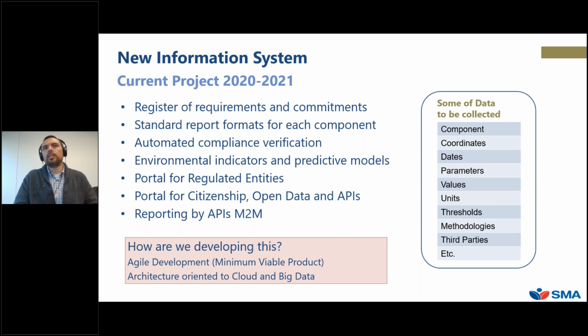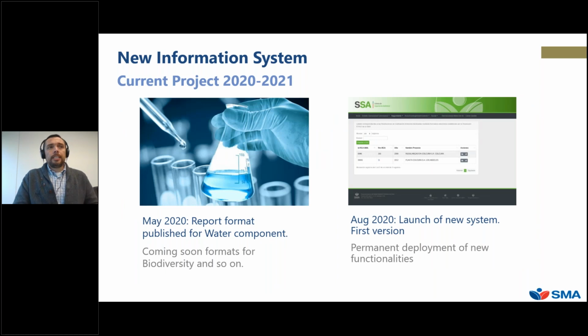You can see as well some of the data to be collected: component, coordinates, dates, parameters, values, units, and so on. At this moment, the format for the water component is already working. Companies are using this to report data to us, and we hope to launch this new system, at least the first version, during the next month.